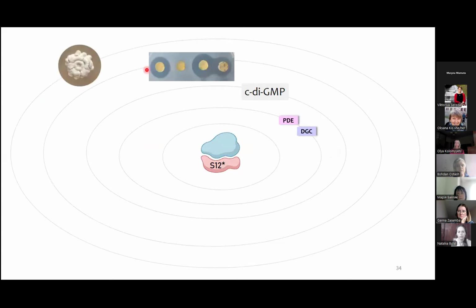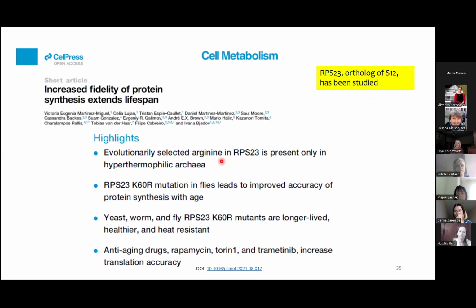We went from the organism down to the model of the protein, and we will fill up this entire space of opportunities to understand the mechanism. But there is one interesting work which shows that it could actually make sense. It was published in 2021.